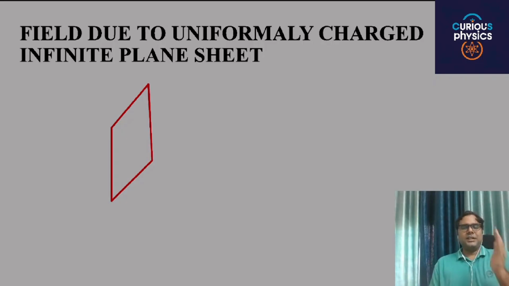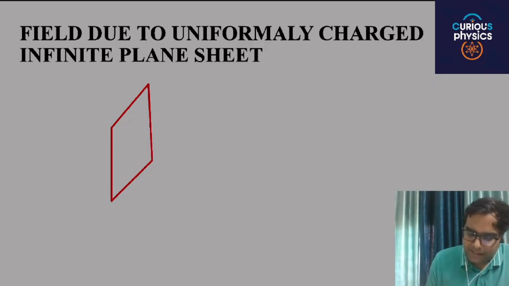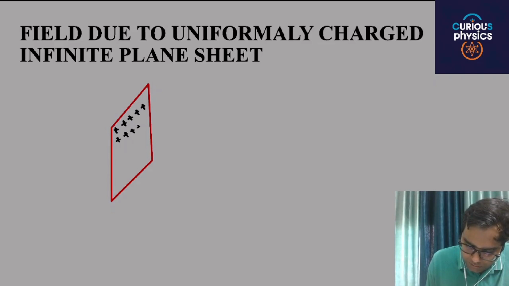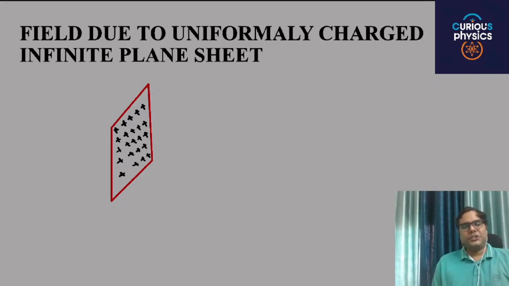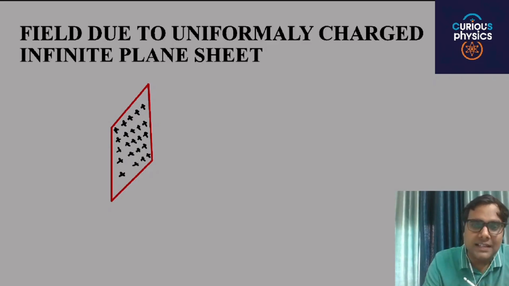If this is the sheet of paper, and let's say positive charge is distributed in this sheet. So for this sheet, can you define the area? Yes, if you can define the area for this sheet, which type of charge density can you use?